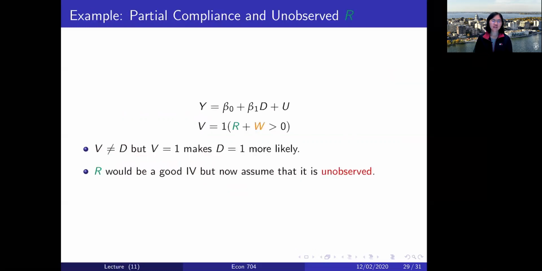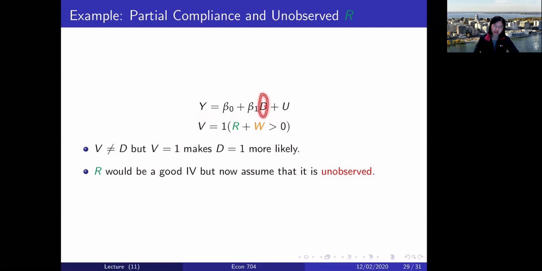Now let's consider an example. This is actually the same example as the one we talked about before, when discussing conditional exogenous IVs. But there is a twist. Still the causal model is y equals beta 0 plus beta 1 d plus u, and d is the causal variable of interest. We run a randomized control trial, but D cannot be randomized.